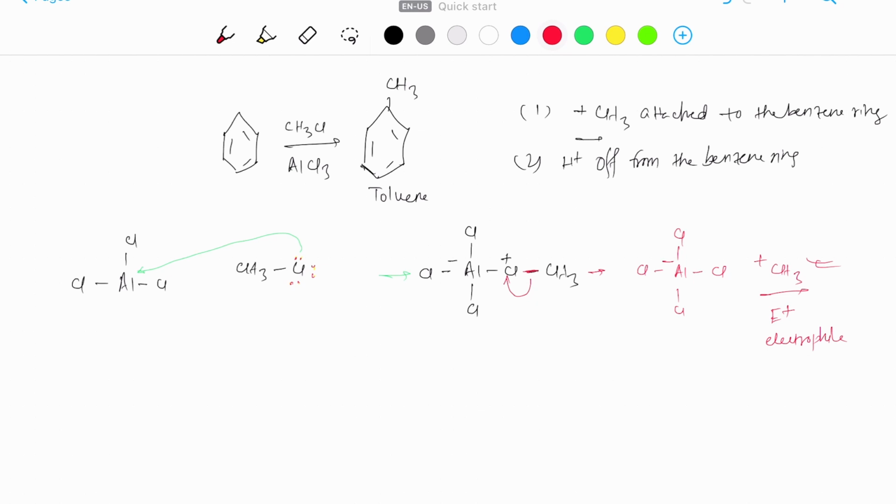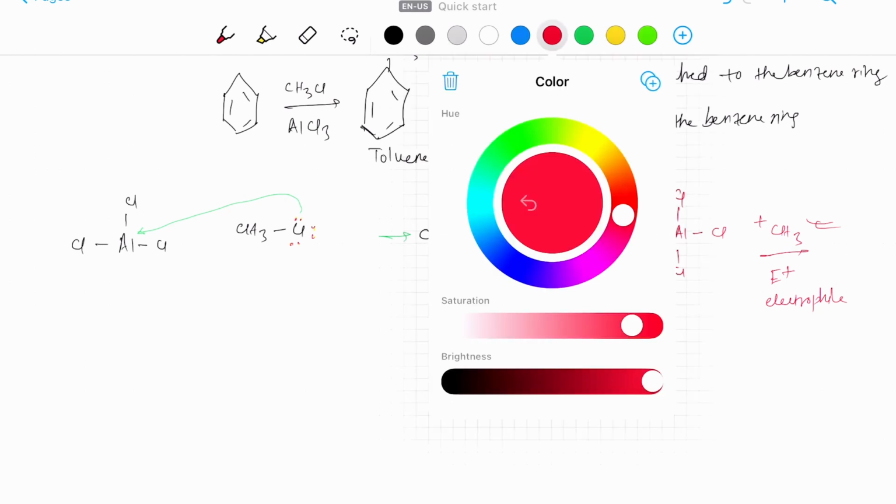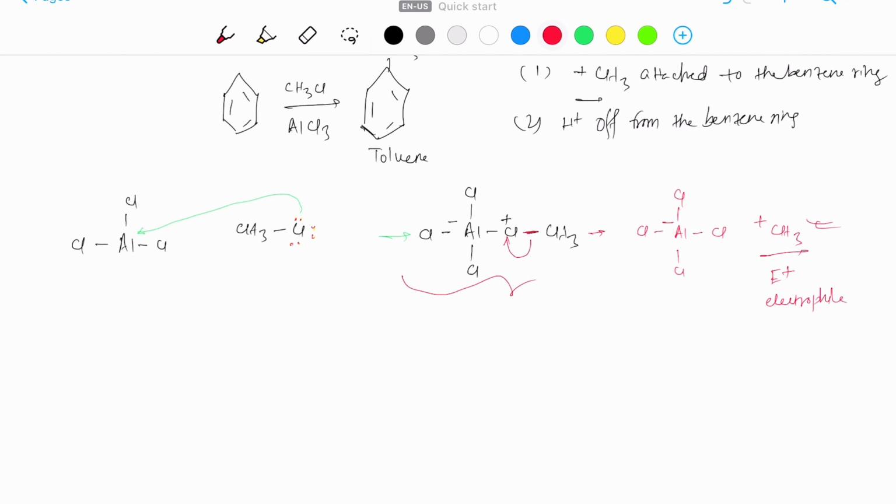So we'd rather have this complex, and later on when our nucleophile will attack this, we will just simply transfer this positively charged methyl group and we'll form our aluminum tetrachloride here. This is our aluminum tetrachloride.